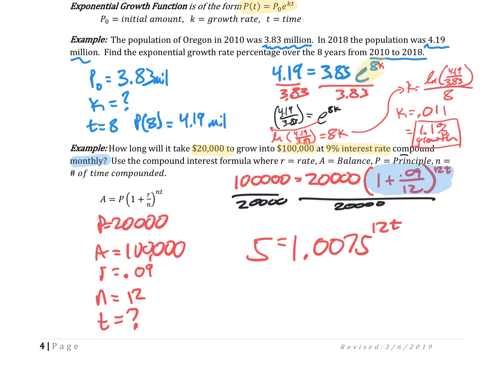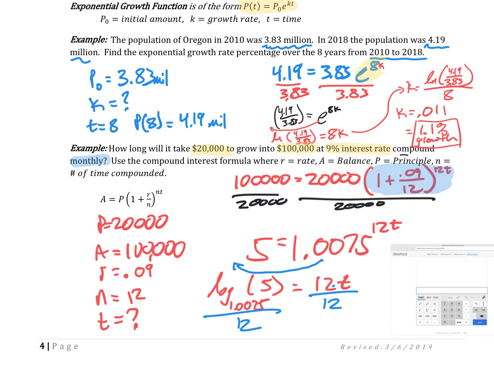All right, we now have an exponential. So our next step, we want to get this 12t out of the exponent. So we're going to take that base, even though it's a weird base, and swing it around. And now we have log base 1.0075 of 5 equals 12t. And then the last step we'll want is to divide that whole thing by 12.